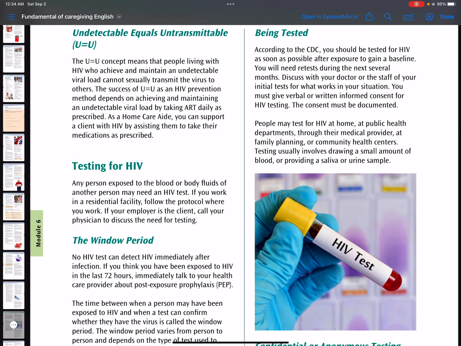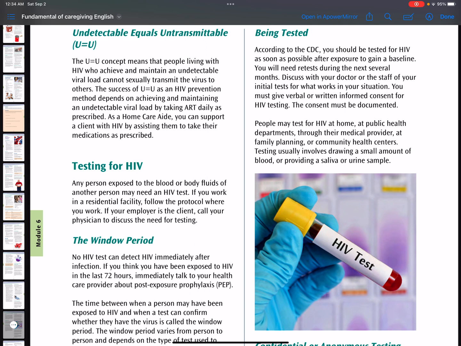Any person exposed to the blood or body fluid of another person may need an HIV test. The time between when a person may have been exposed to HIV and when a test can confirm whether they have the virus is called a window period. The window period varies from person to person and depends on the type of test used to detect HIV.